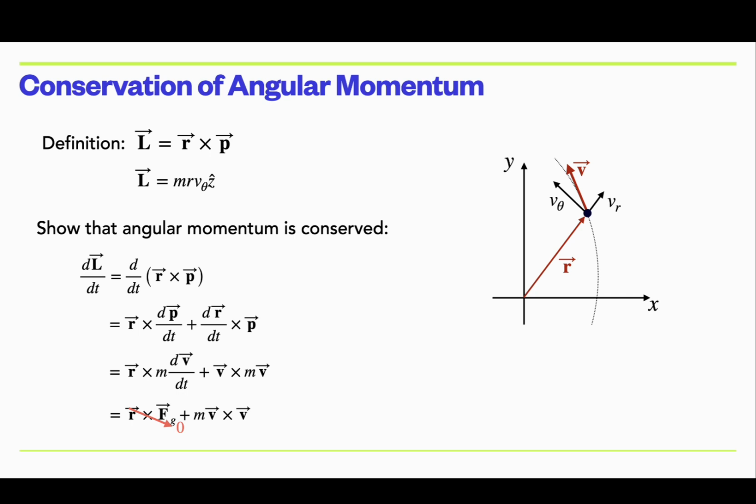The cross product is 0. Same with this second one. If you take the cross product of a vector with itself, they're collinear, so that term also must be 0. So the time derivative of the angular momentum vector is equal to 0. If gravity is the only force acting on our particle, angular momentum is conserved.